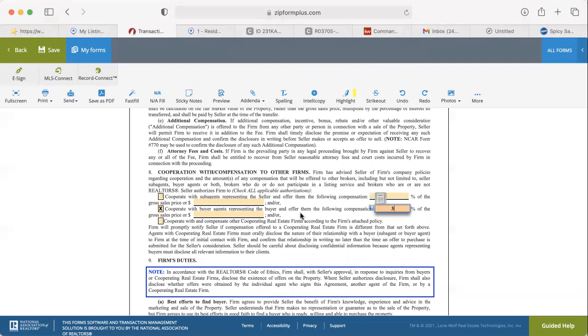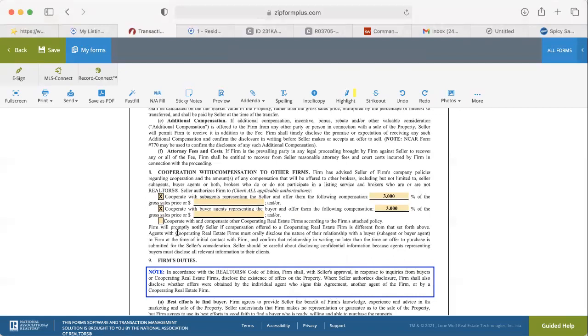You're one or the other. If you don't have a written agreement with the buyer, then you are a sub-agent of the seller. So is the seller willing to pay that? And if so, what would that be? So you would check that box and maybe they say, hey, I don't care. I'll pay whoever brings me a buyer, I'll pay them 3%.